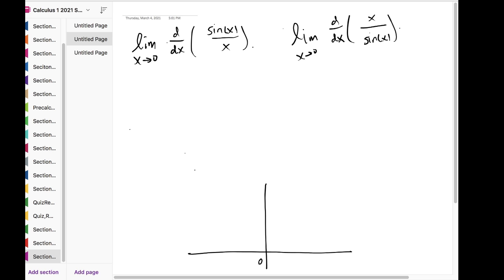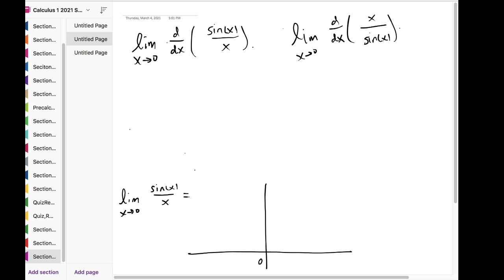Sine of x over x? Do you remember that? You should remember that. That's an immediate.